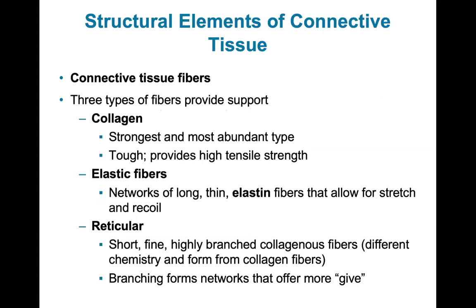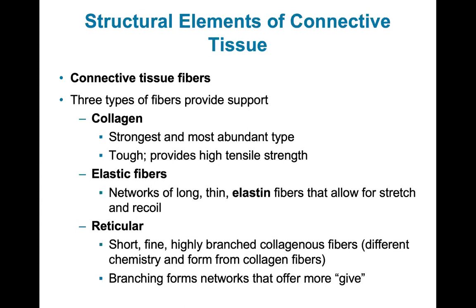There's also going to be what we call connective tissue fibers, and there's three types of fibers that are going to function primarily in support. Collagen fibers. These are the strongest and the most abundant type. They are tough. They provide high tensile strength, and they're really there for that strength. Elastic fibers, these are networks of long, thin elastin fibers that allow for a little bit more of a stretch and recoil.